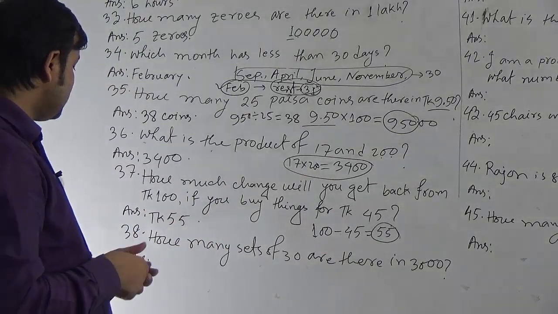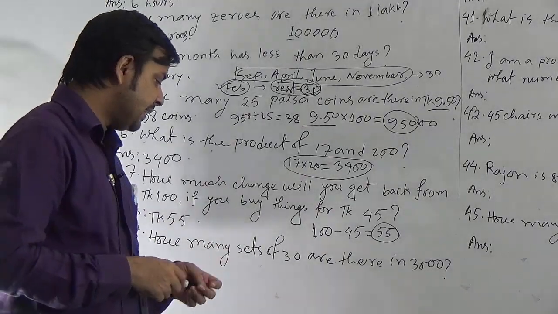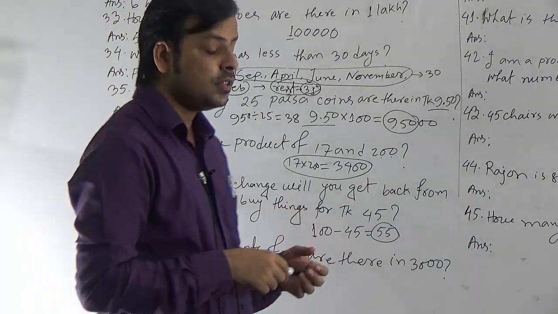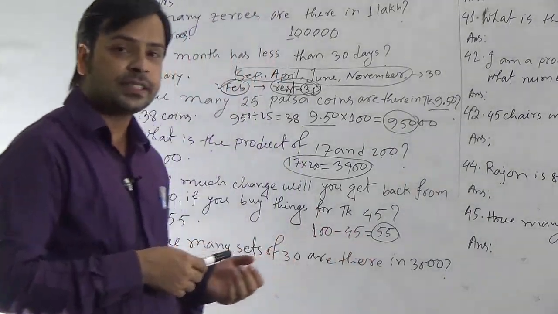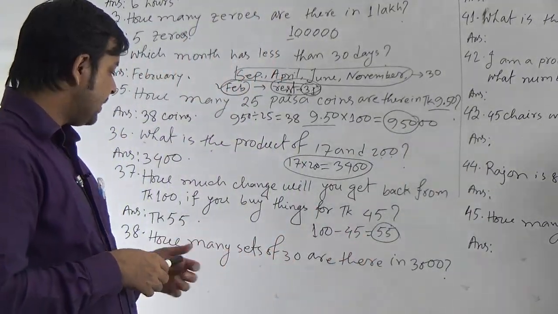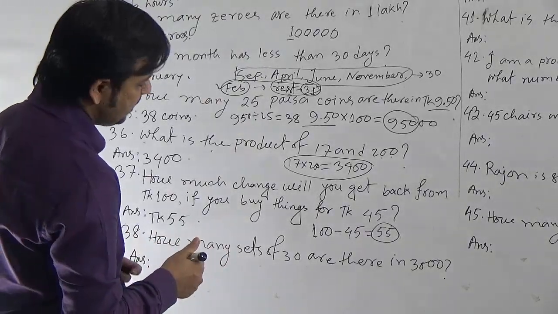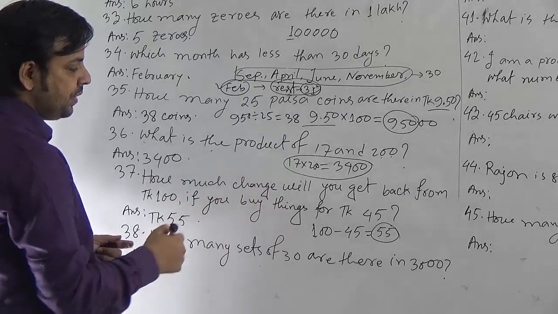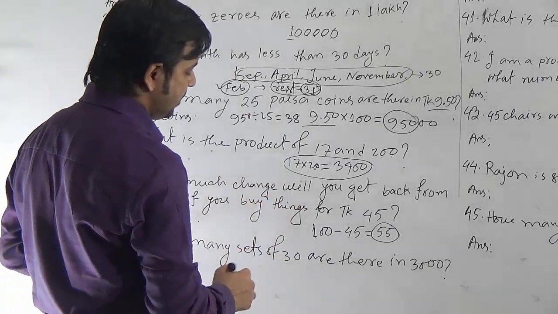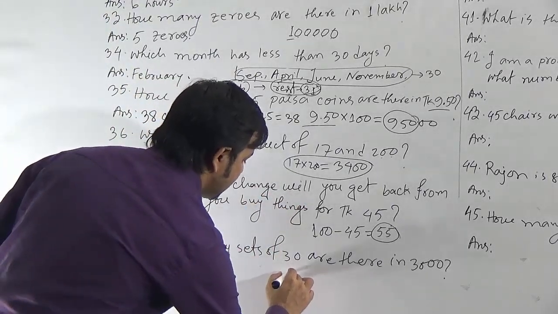Now the next question, 38. How many sets of 30 are there in 3000? To get the required number of sets, you have to divide 3000 by 30. So divide 3000 by 30.